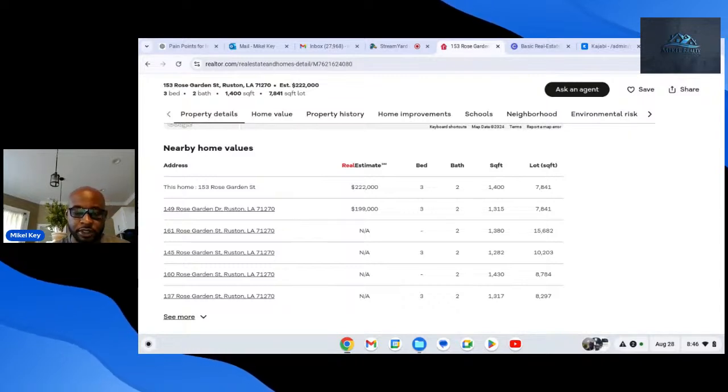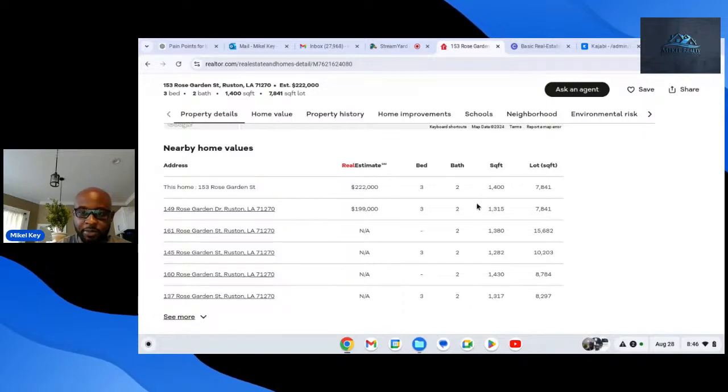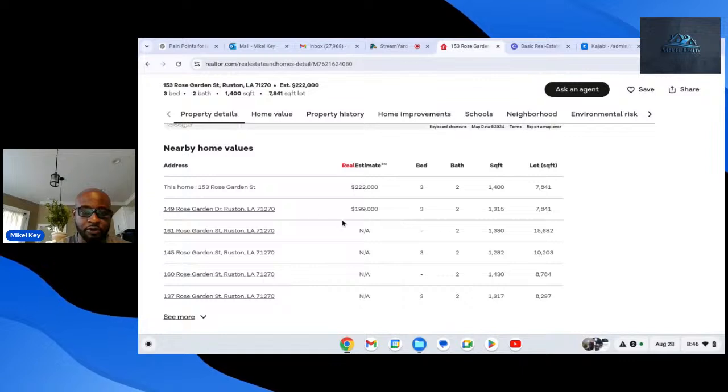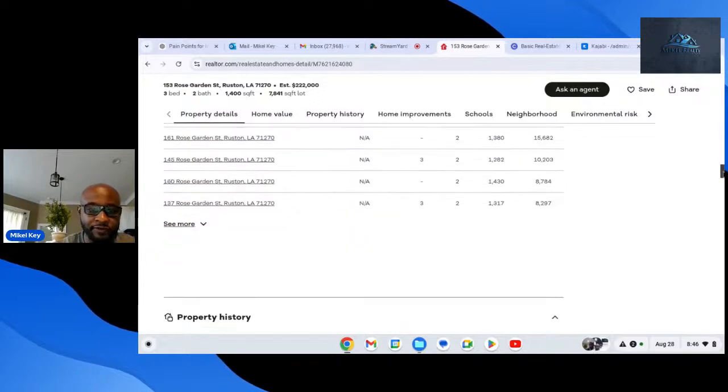I want you to understand how I came up with that. I took 199,000 and divided it by this 1,315 square footage number, and that spit out $151 a foot. So if this was your area where you were trying to calculate ARV, you would take that $151 a foot and multiply it by however many square feet you have. And whatever value that gives you would be very close to your after repair value.